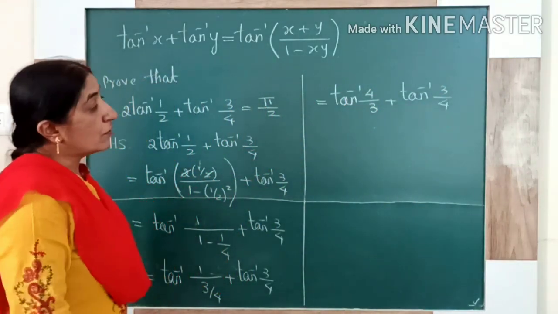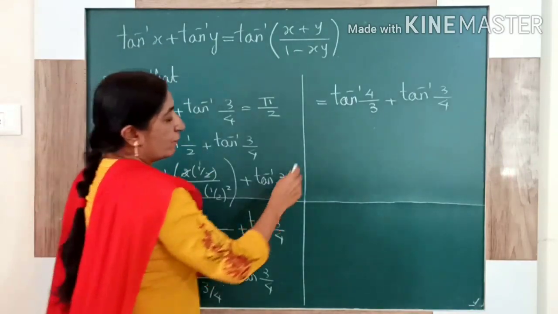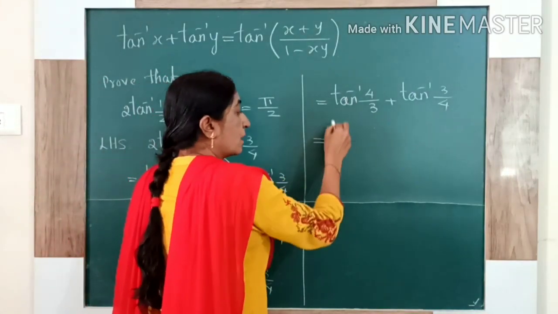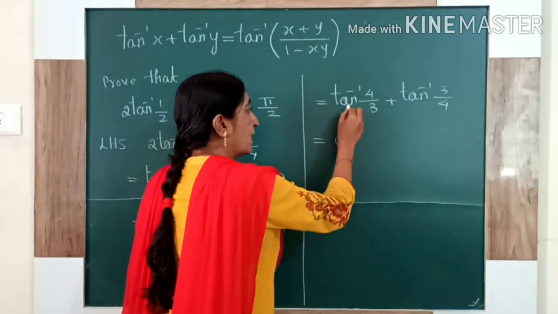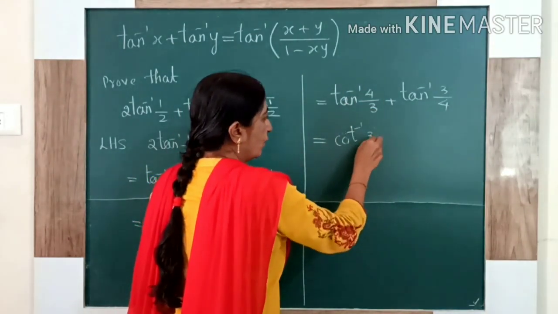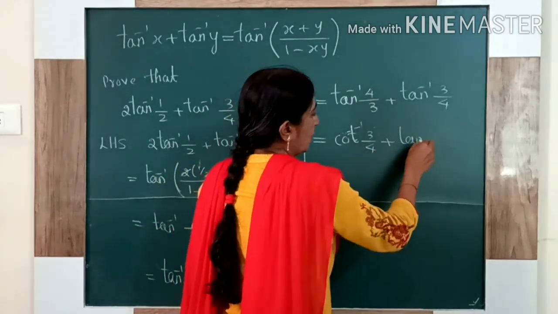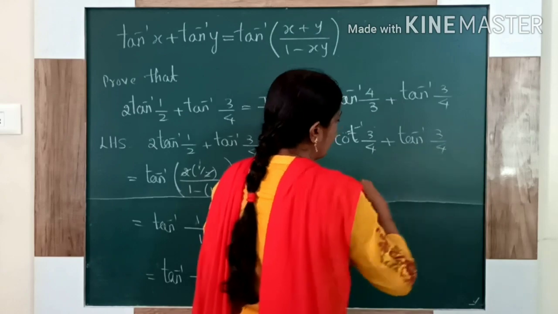Students, now all are trying to apply these formulas. But if you are thorough in the formula, you can have one more. Tan inverse 4 by 3 we can write as cot inverse of 3 by 4, plus tan inverse 3 by 4. Have you remembered the formula?